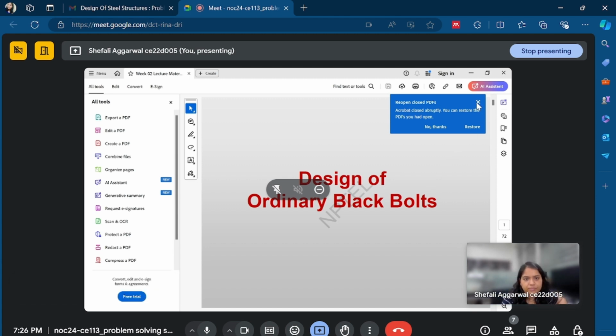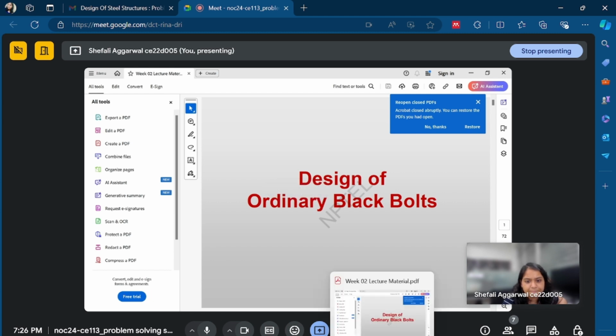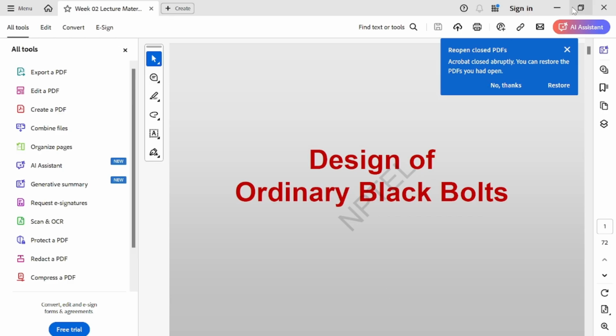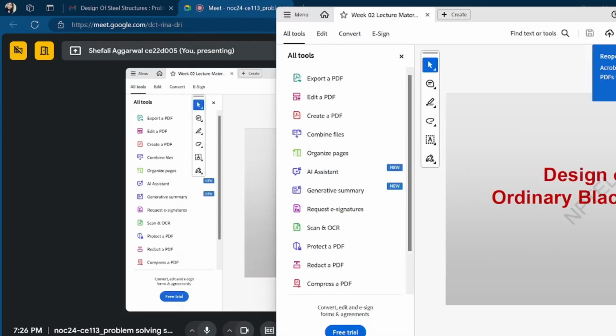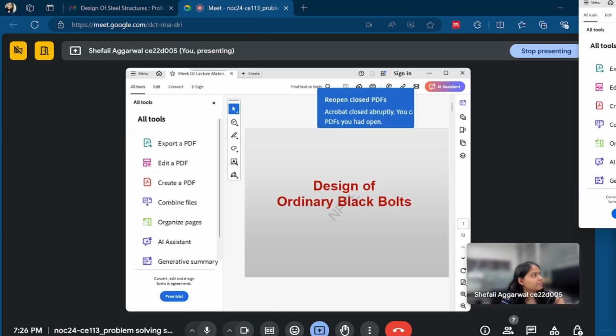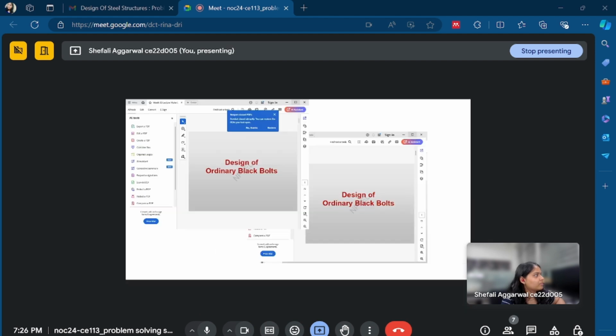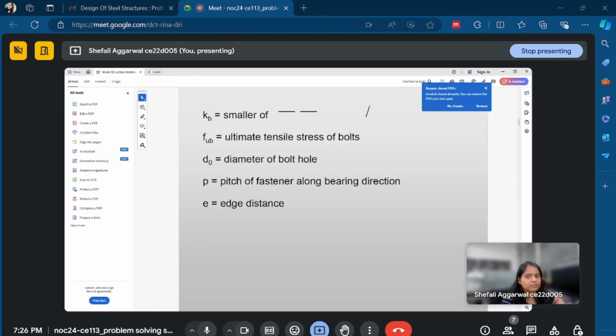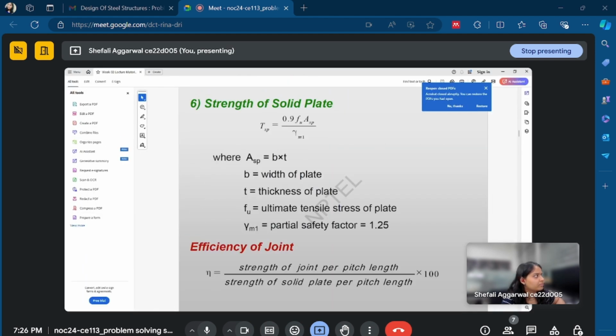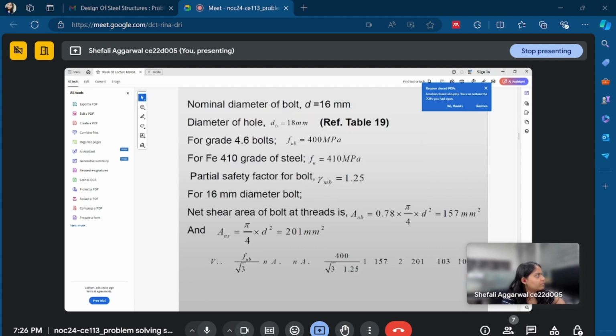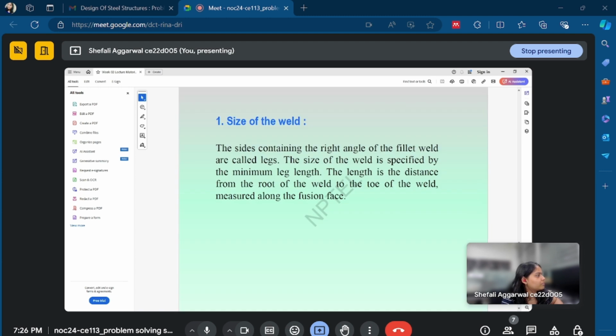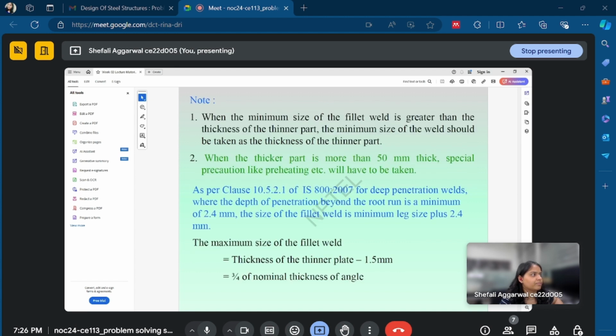Please go to the size of fillet weld slide, and go on 2 more slides.